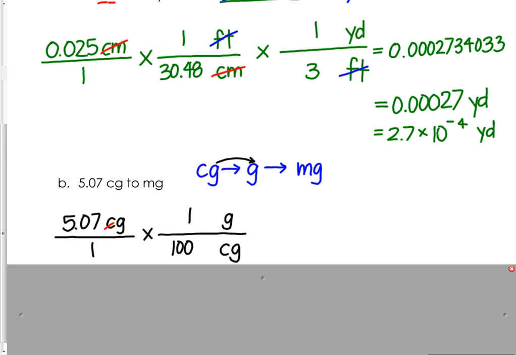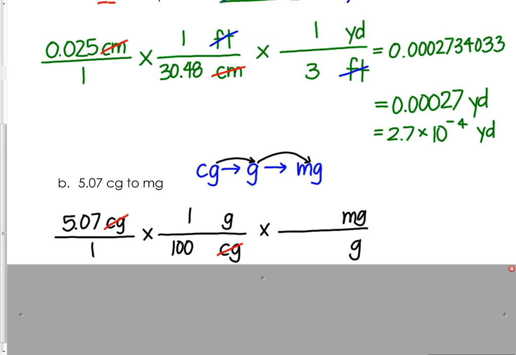If I were to stop now, my centigrams would cancel. But I don't want this problem to be in grams when I'm done. I want it to be in milligrams. So I'm going to keep going and multiply by yet another conversion factor. On the bottom of this conversion factor, I want grams because I want the grams to disappear, and I want milligrams to be the last unit I find.